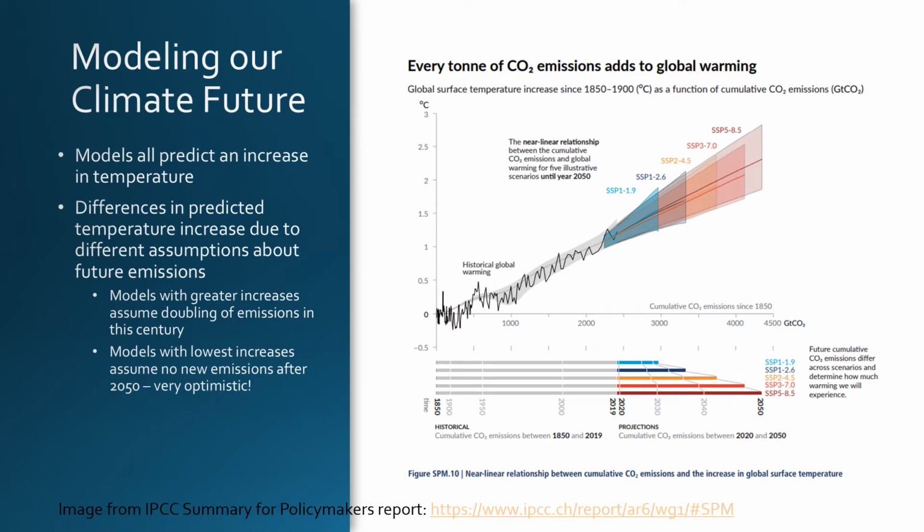The model 2-4.5 is kind of a moderate model, so it assumes up to about 2.5 degrees and down as low as 1.5 degrees Celsius increase.